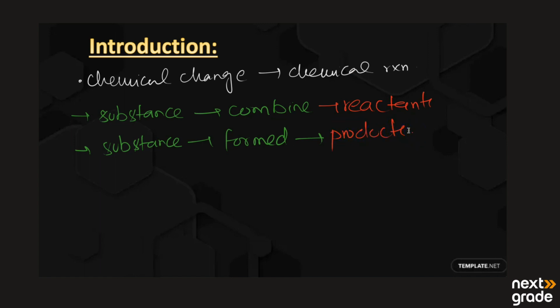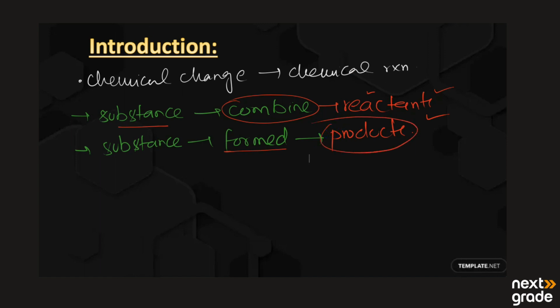So here we have the concept of reactants and products. At the start of a chemical reaction, the substances that combine are reactants. After the combination, there is a new formation of compounds, and these compounds are known as the products.